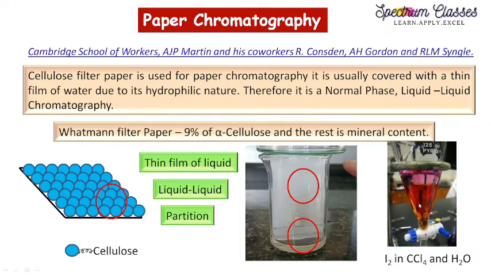From here we get the partition coefficient, which is a constant. In this manner, paper chromatography is a liquid type of chromatography, and partition is its basic principle. It's a series of equilibria of the solute between two layers of liquids. So this is our paper chromatography.